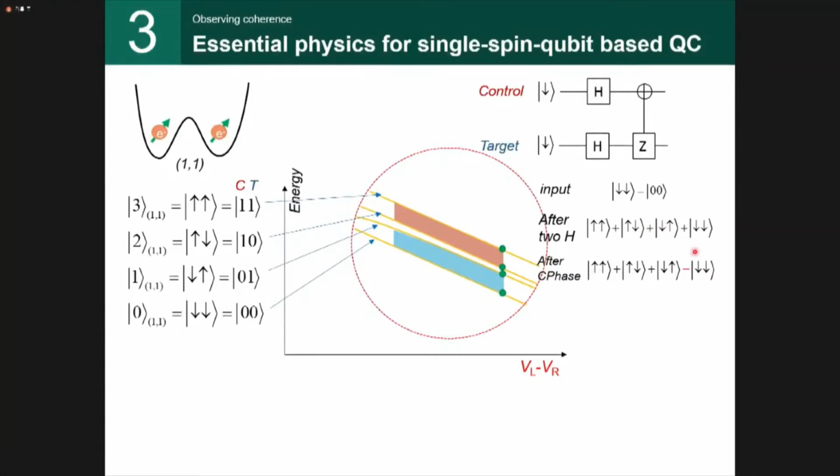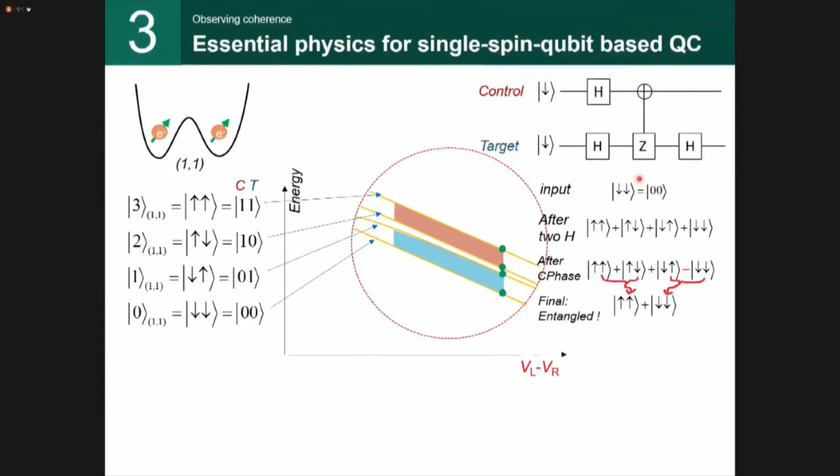That means that the target qubit state acquires a minus phase compared to only when the control qubit state is down. And this is called a controlled-Z gate. After that, when you apply a Hadamard gate again to the target qubit, what you finally get is an entangled state.